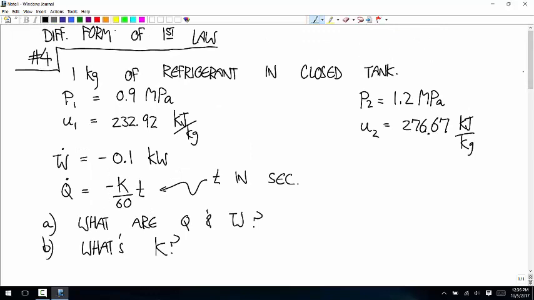So the way it's written down is that the rate of work that that paddle wheel did followed this function, and we didn't know what the rate of heat transfer was. And so then you have one equation with 2 variables, and there's nothing you can do. But now we have one equation that'll have 1 variable, and we can solve for it.